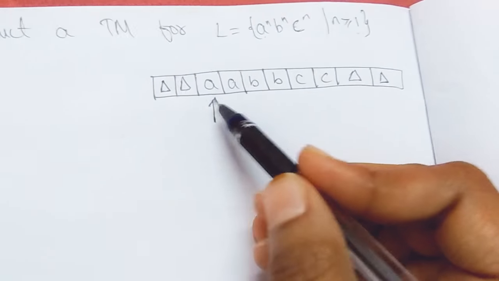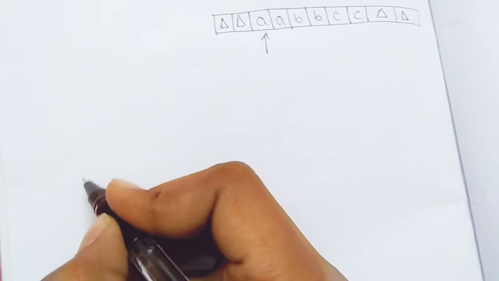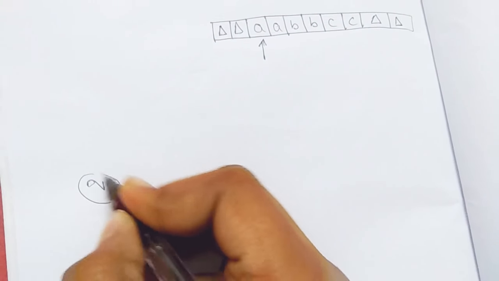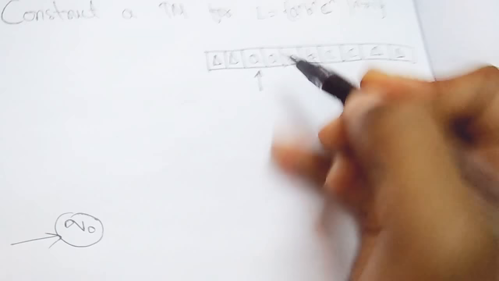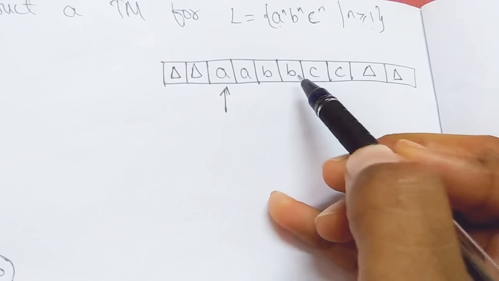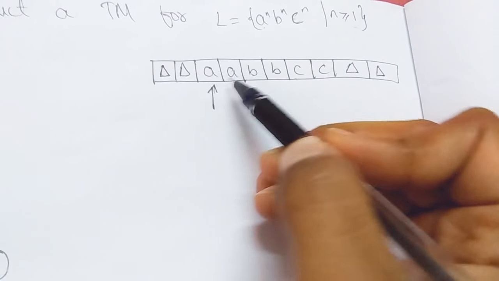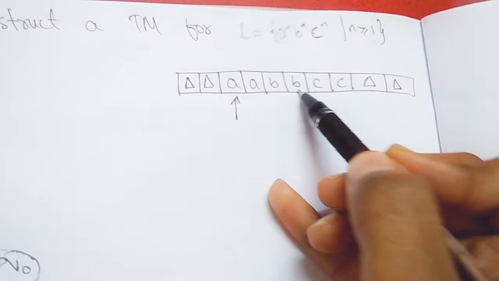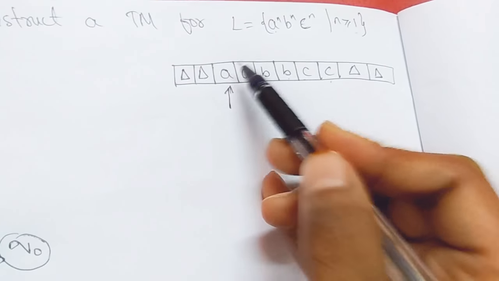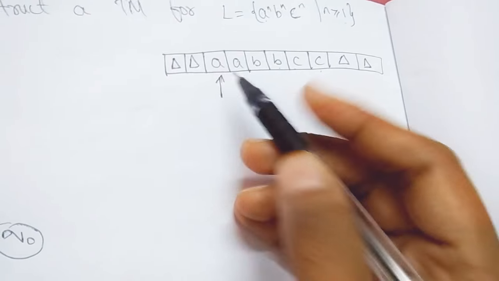Now a Turing machine has a read header as well as a write header. Now I'll start constructing the Turing machine. The initial state would be Q0, the start state. To process, I'll first process A, then the corresponding B, and then the corresponding C. Then again the next A, the corresponding B, and the corresponding C. To process the first A, I'll replace it with X, so that I'll know this A is processed.